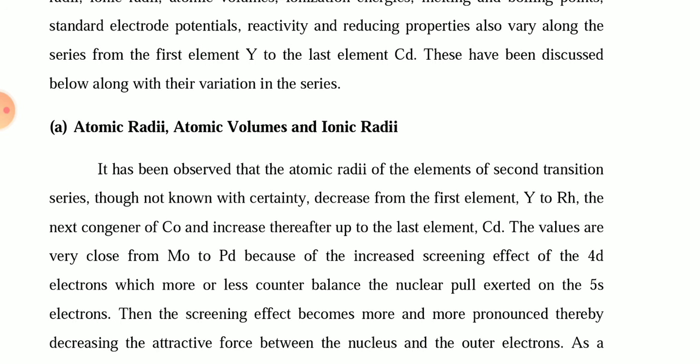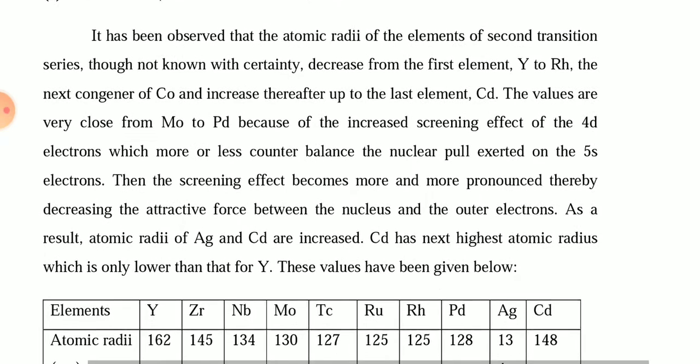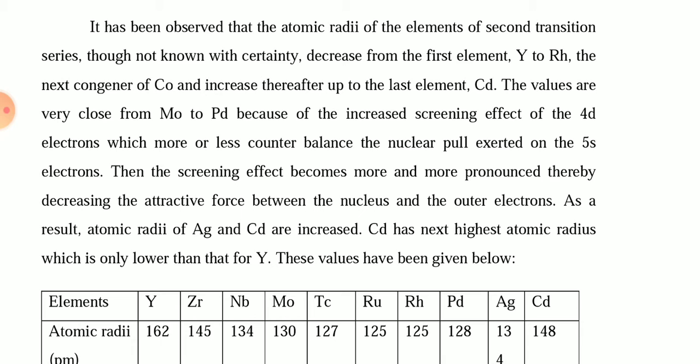The values are very close from molybdenum to palladium because of the increased screening effect of the 4d electrons, which more or less counterbalance the nuclear pull exerted on the 5s electron. Then the screening effect becomes more and more prominent, thereby decreasing the attractive force between the nucleus and the outer electron.